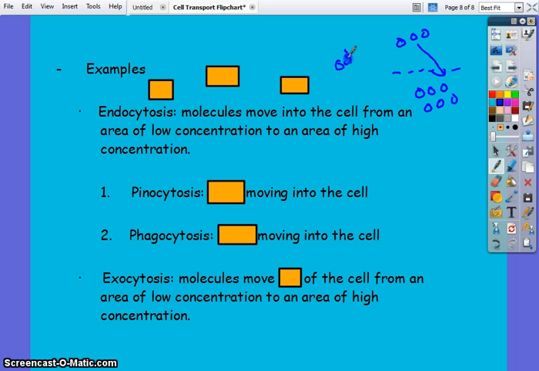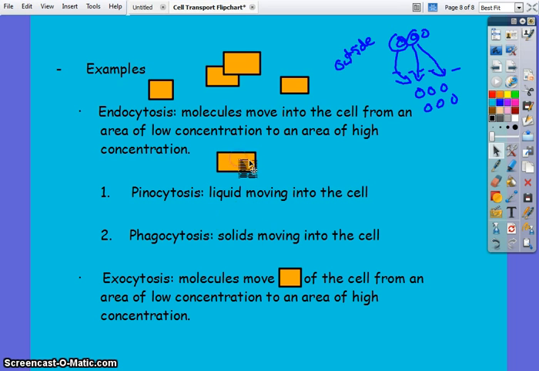So if this is outside the cell, in terms of endocytosis, these are going to move into the cell. Okay? So it's going against the concentration gradient because there's more inside the cell, so it's pushing up and it has to require energy. So there's two different types of endocytosis. Okay, if we talk about pinocytosis, that means that liquid molecules are moving into the cell, and when we talk about phagocytosis, we're talking about solids moving into the cell.